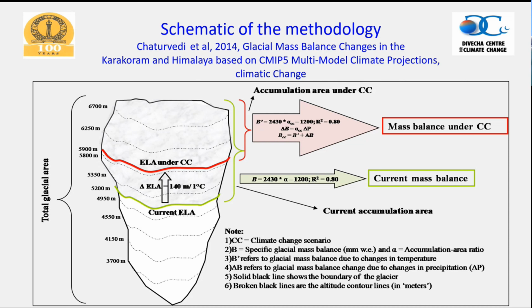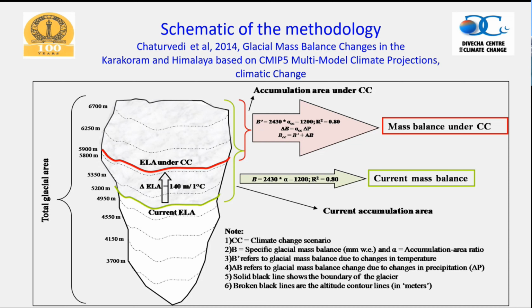Then you say, with the presumption that the physical basis of this understanding is that whatever additional snowfall has taken place has remained at the end of year only in accumulation area. So that delta P, you multiply it by the accumulation area and then add that into the mass balance and you get the mass balance under climate change.